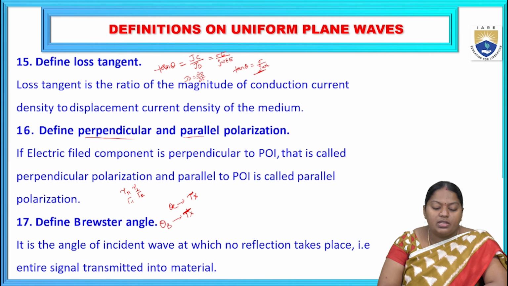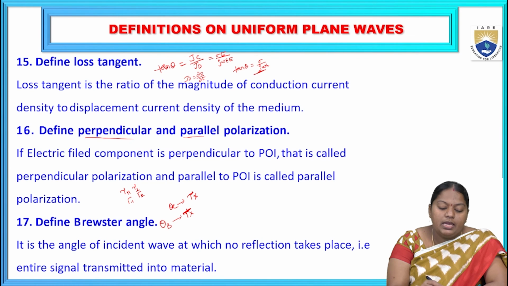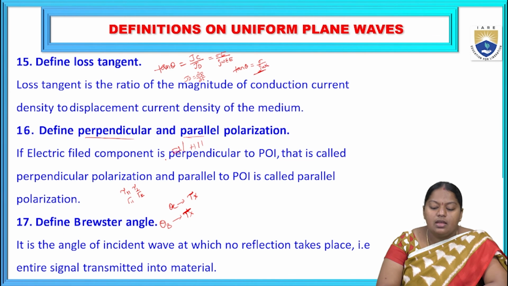Then in order to identify perpendicular and parallel polarization, it completely depends upon the electric field component and the magnetic field component. If the electric field component is perpendicular to the plane of incidence, E is perpendicular to the plane of incidence, and H is parallel to the plane of incidence, the type of polarization is said to be perpendicular polarization.